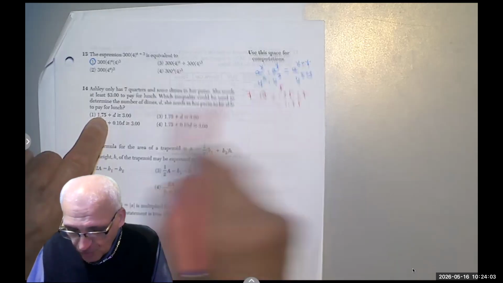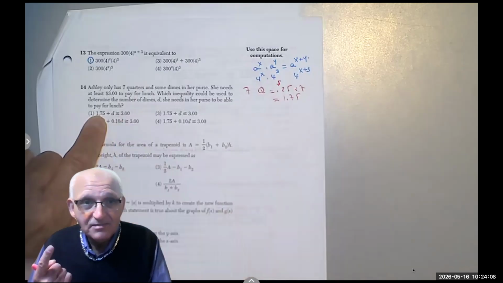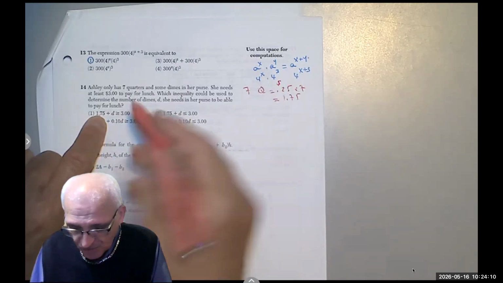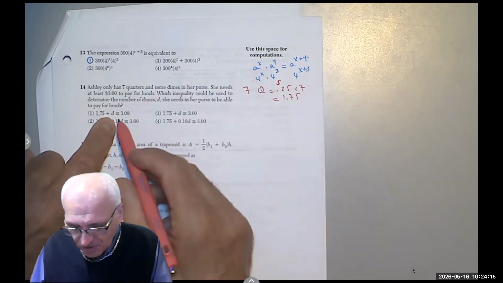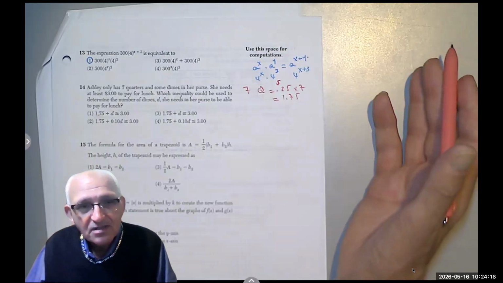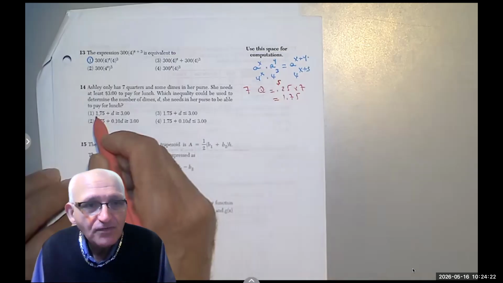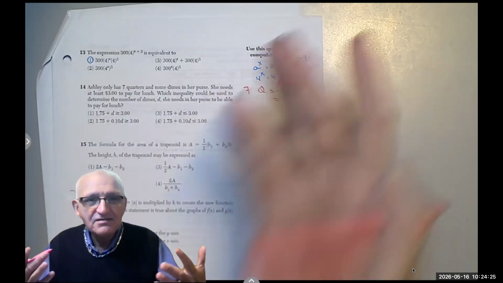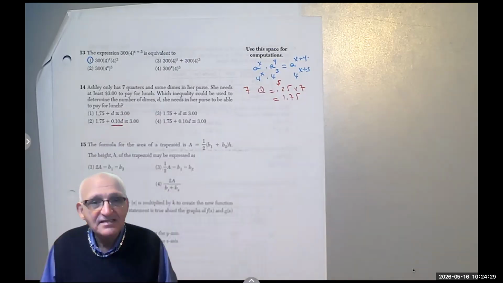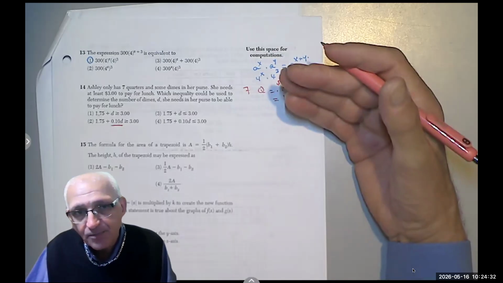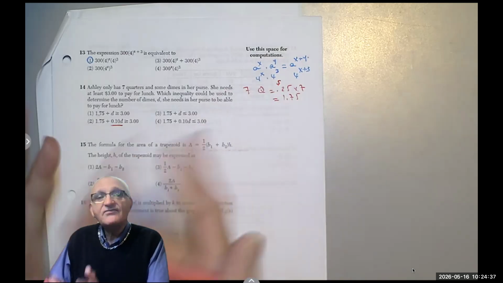If you have 7 quarters and the number of dimes is d, so if you have 1d, or the value of the dime here would be 1, it's not correct. This is the number of dimes, and this is the value of the quarters. How can you add numbers and value? No, the value of the dime is 10 cents. That's why I need to multiply it by 0.1 to get the total amount of money that you have within the dimes.